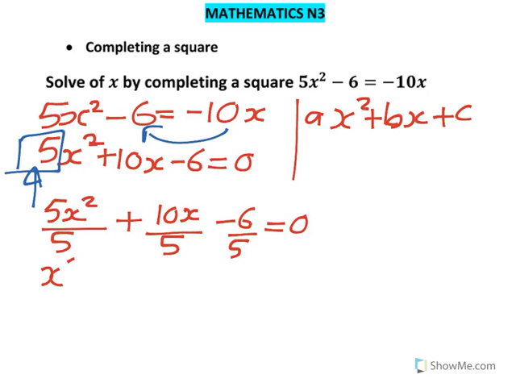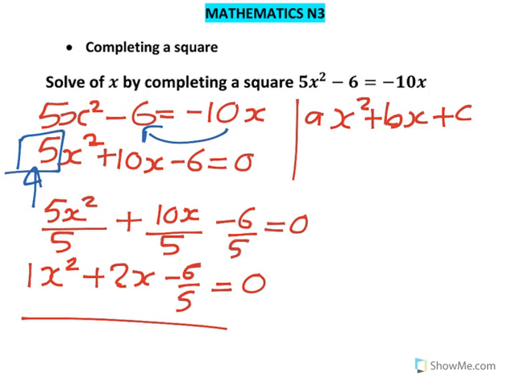Hence you're going to have x squared plus 2x minus 6 over 5 is equal to 0. Then when you have got a 1 there, you follow the same method of completing a square, which is half the coefficient of x.